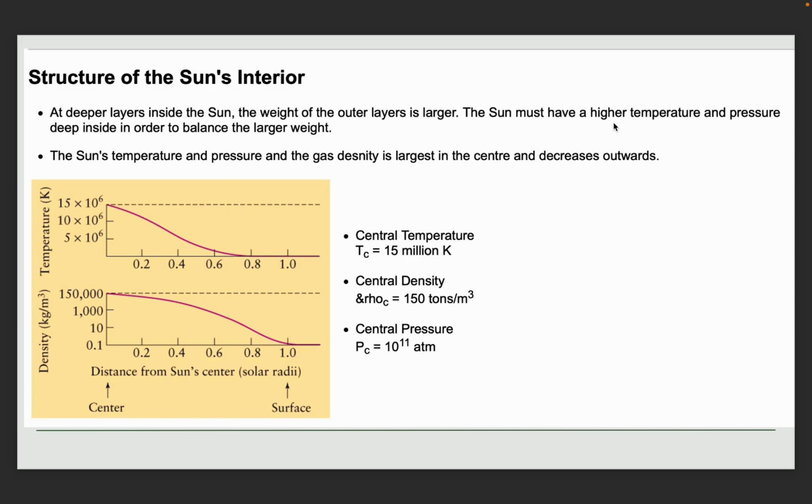At the center, the temperature is about 15 x 10^6 Kelvin, the pressure is about 10^11 atmospheres, and the central density is 15 x 10^4 kg per cubic meter.